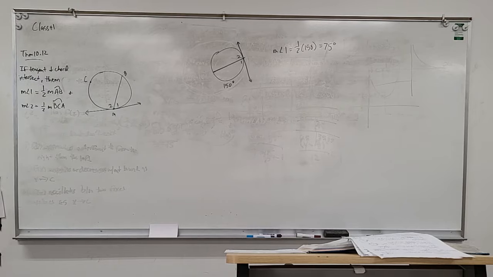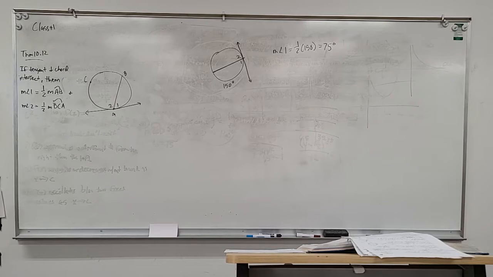The line that's a tangent is perpendicular to the other line, which means it is a diameter, right? Not necessarily. No, we don't know that it's perpendicular. They're vertical angles, right? Well, not vertical angles, but they should be supplementary.